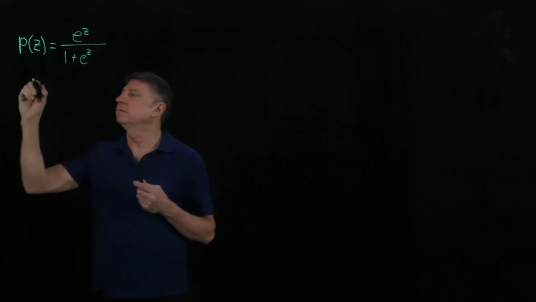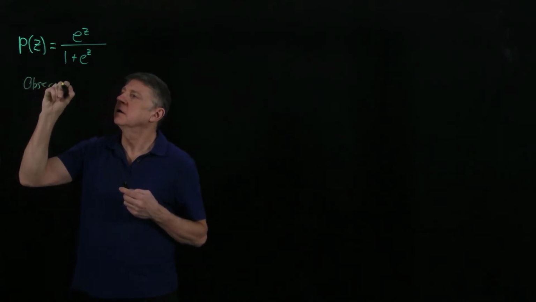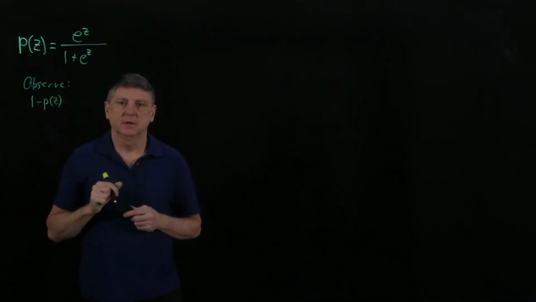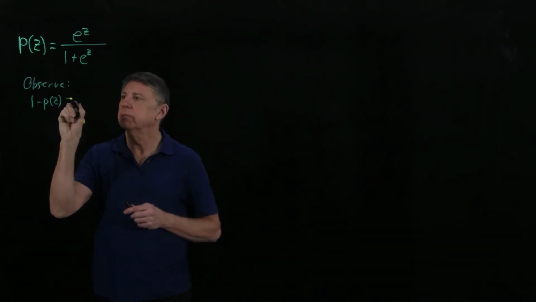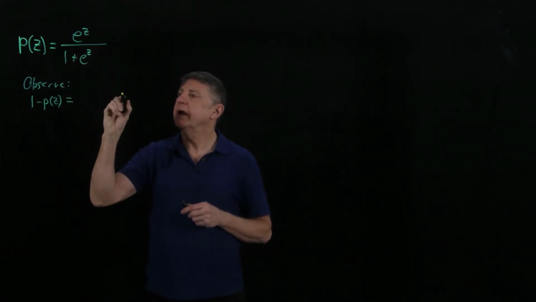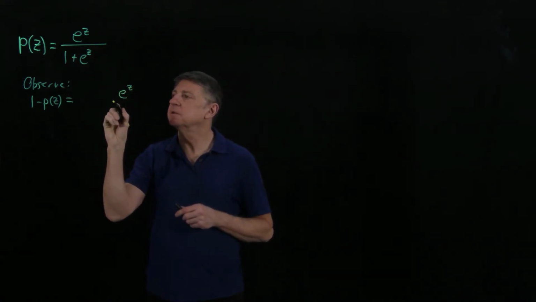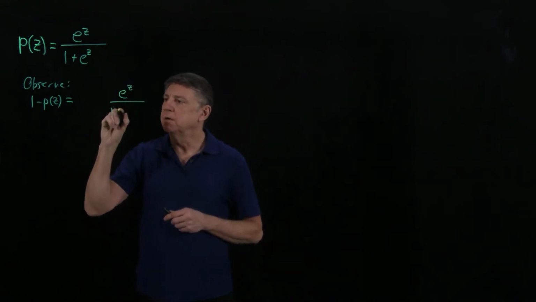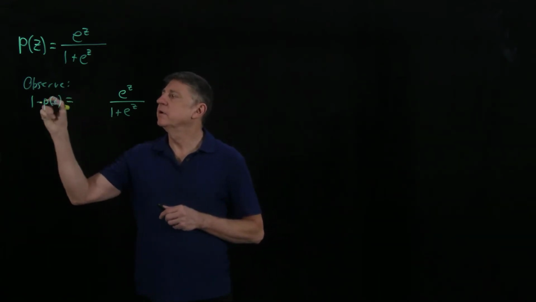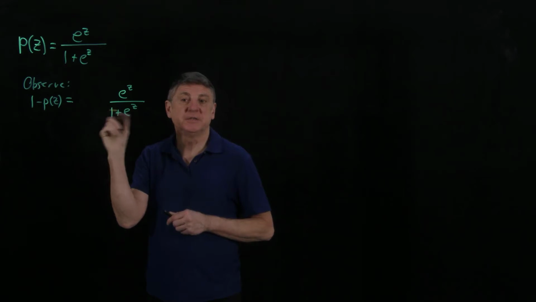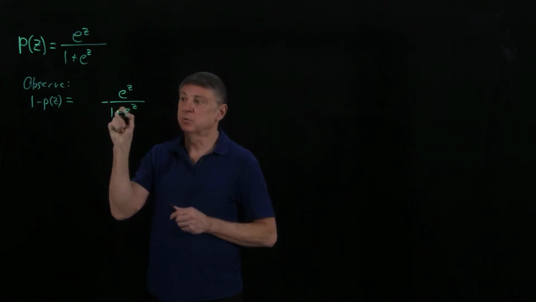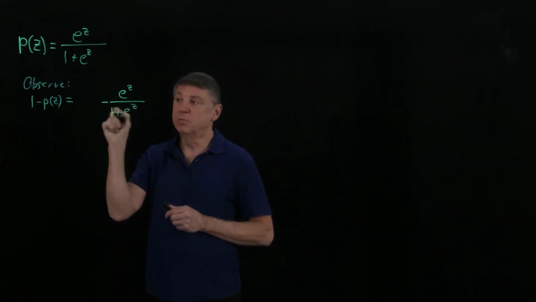So let's observe that 1 minus the probability of the score is, we could represent this. So we have the exponential of the score over 1 plus the exponential of the score. And in order to get this subtraction to work, what I'll do is I'll say 1 equals 1 plus e to the score over 1 plus e to the score.